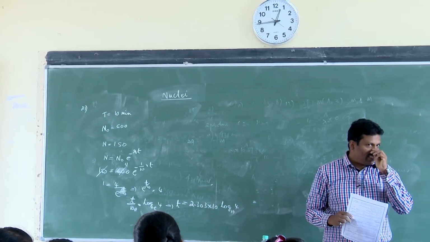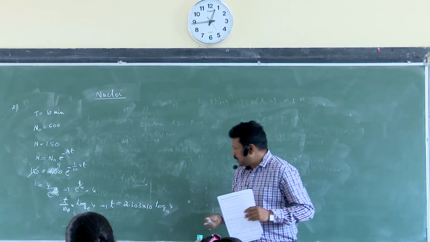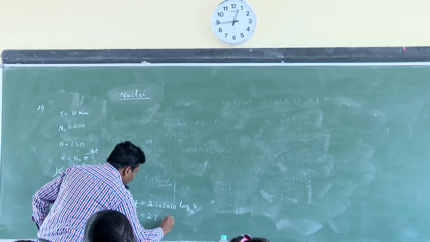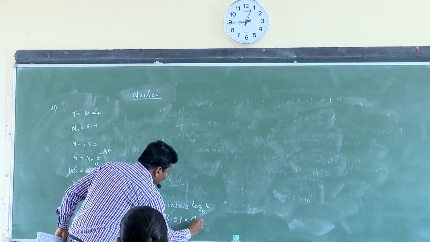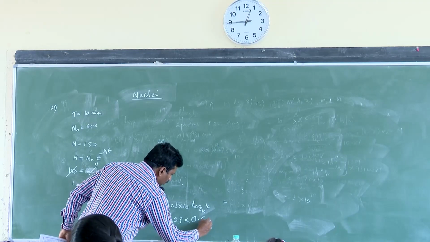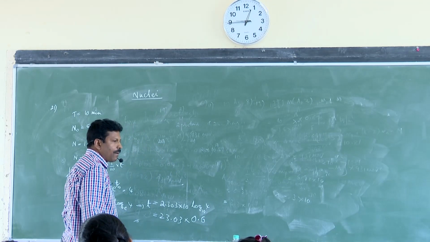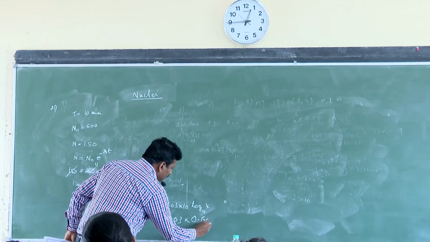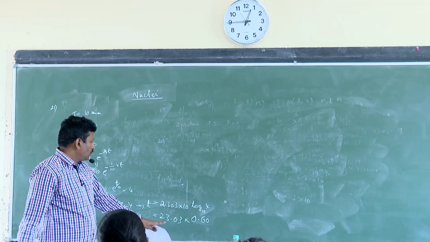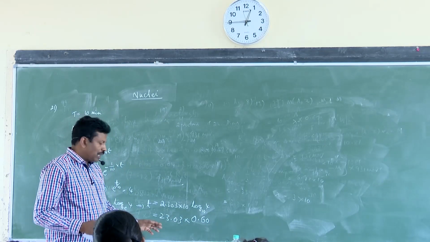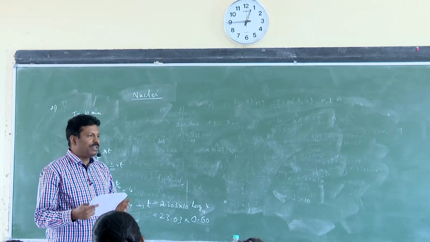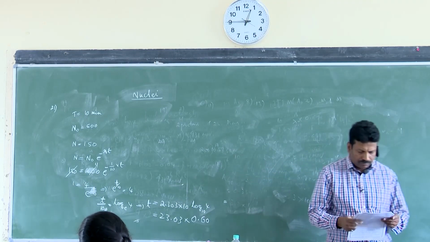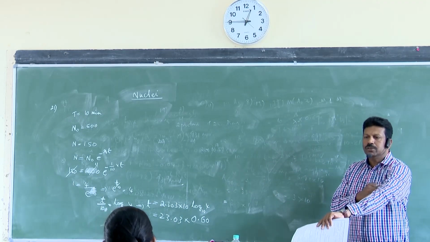Log 4 is 0.6. So 2.303 into 0.6, roughly about 1.5 comes. Option number D. Okay. We go to the next question. Did you get this?